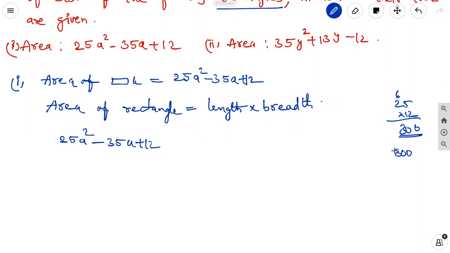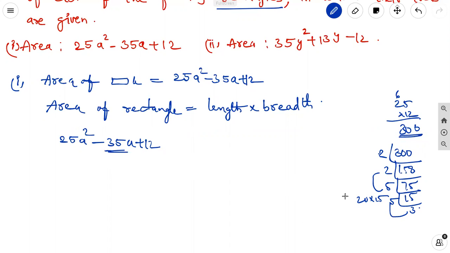We find the factors of 300. How are we getting 35? 15 and 20. 15 into 20 is 300. So this minus 35 can be written as minus 20 minus 15.